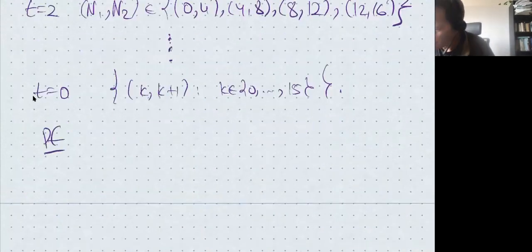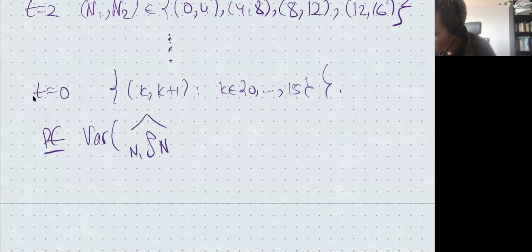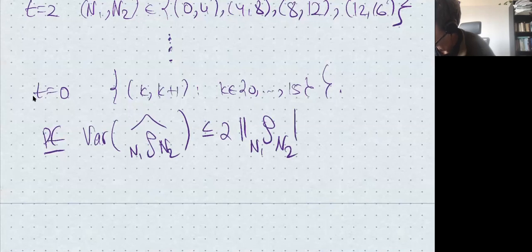So the variance of this function, by the Rogers second moment bound, is 2 times the sup norm of the original function, rho, times the integral over the space of lattices of the transform.